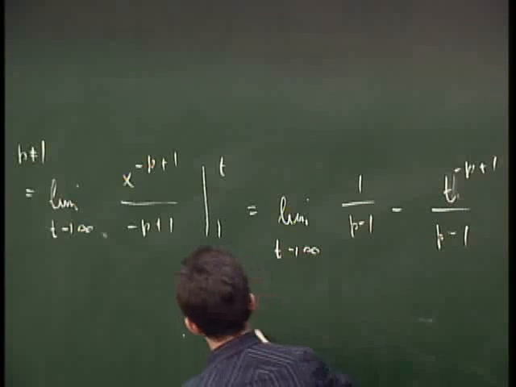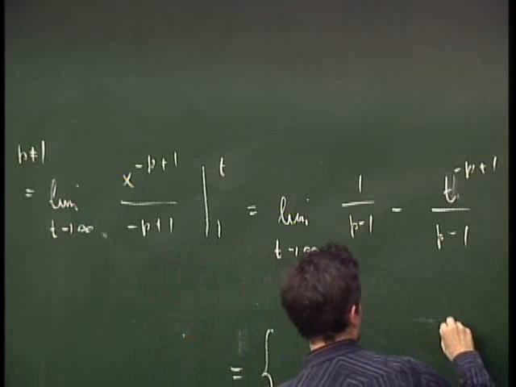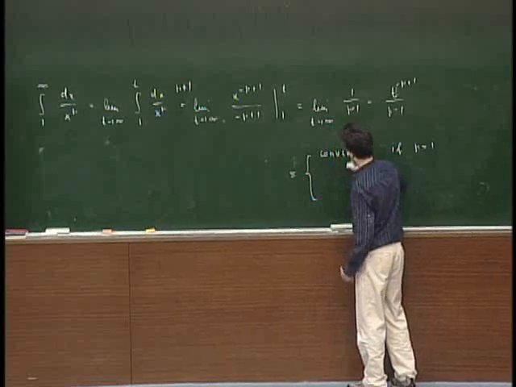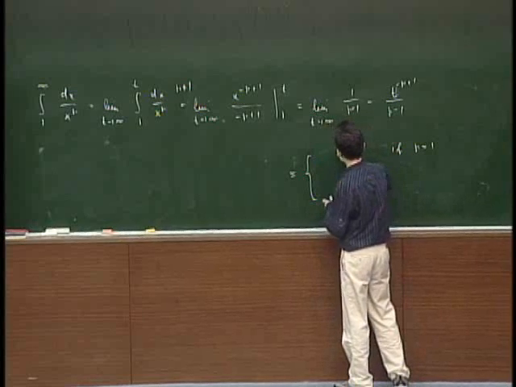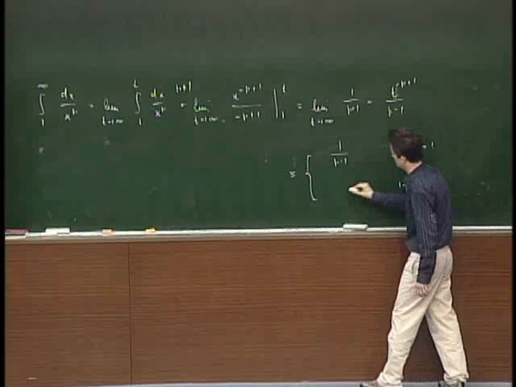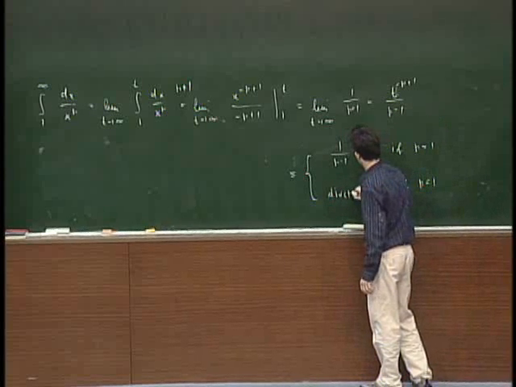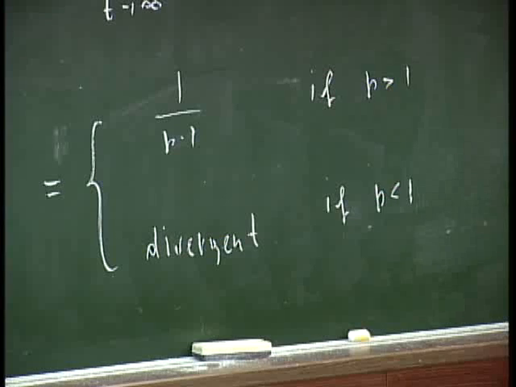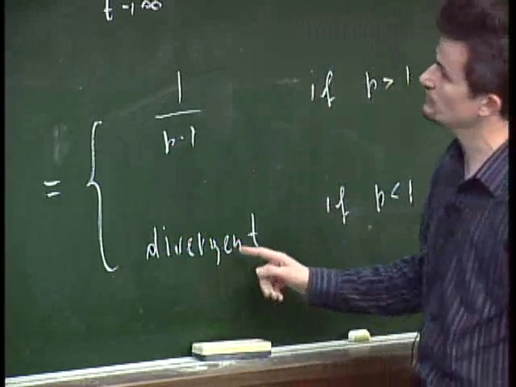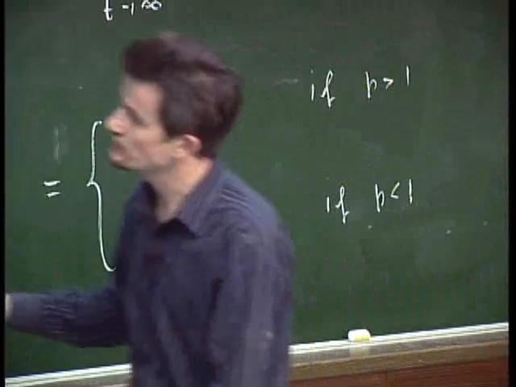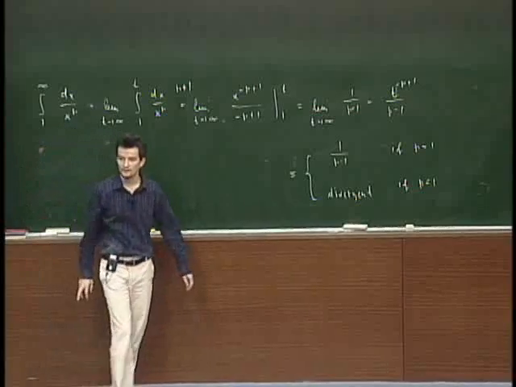So if p is larger than 1, then this integral is convergent, and we can even write down the value, which is 1 over p minus 1. And if p is smaller than 1, this integral is divergent, and in this case the limit would be infinity. So you can say that in some sense, this integral would be equal to infinity.